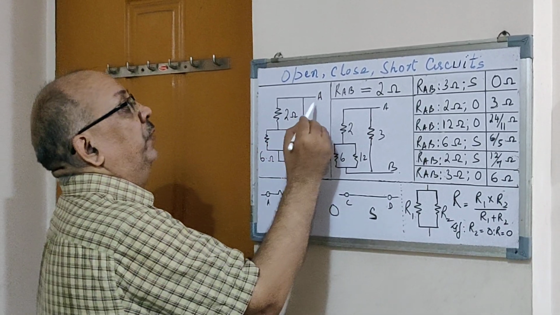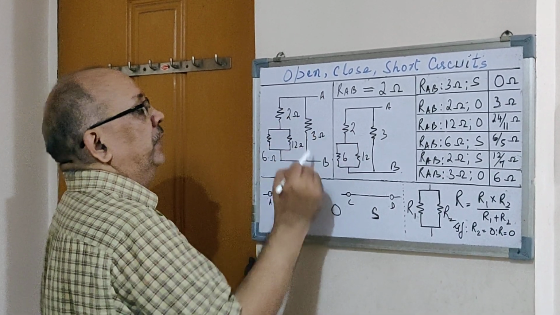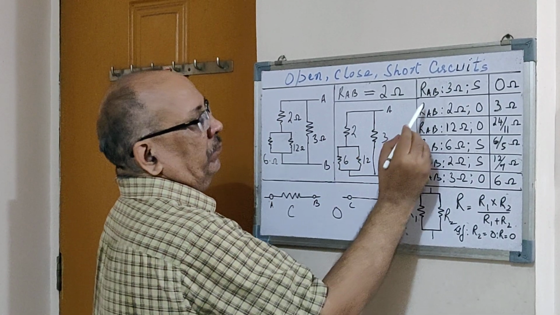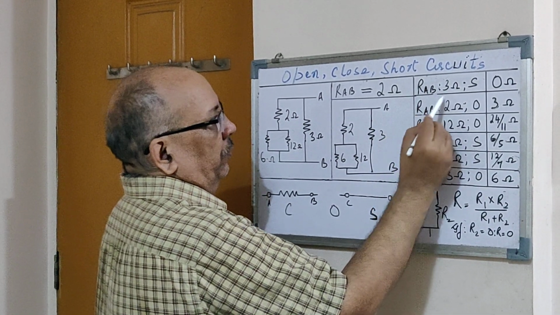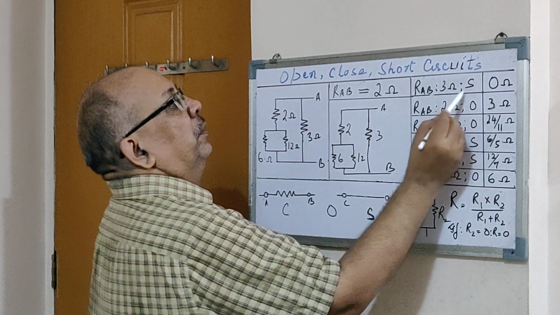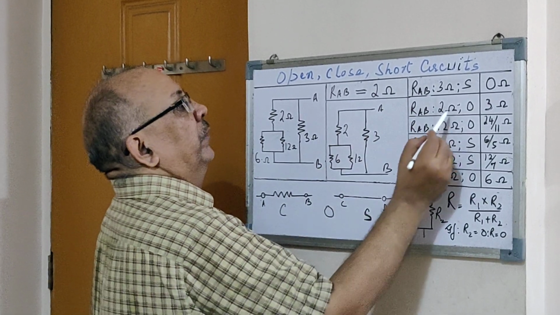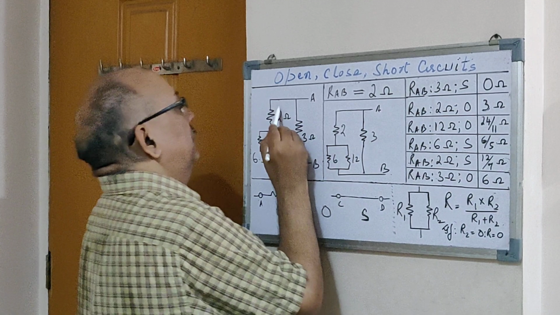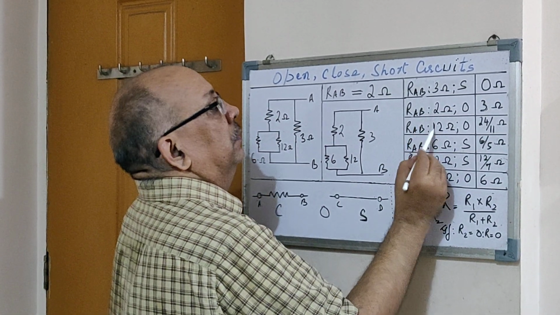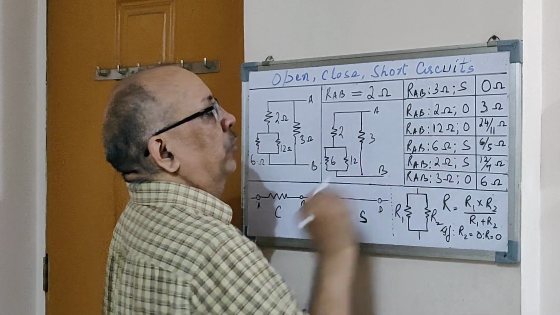First, if all the resistances are fine, what is the resistance between A and B. Then we will see if the 3 ohm resistance is short, what will be the total resistance between A and B. Similarly, when this 2 ohm resistance is open, what is the total value between A and B. Here, O represents open and S represents short.